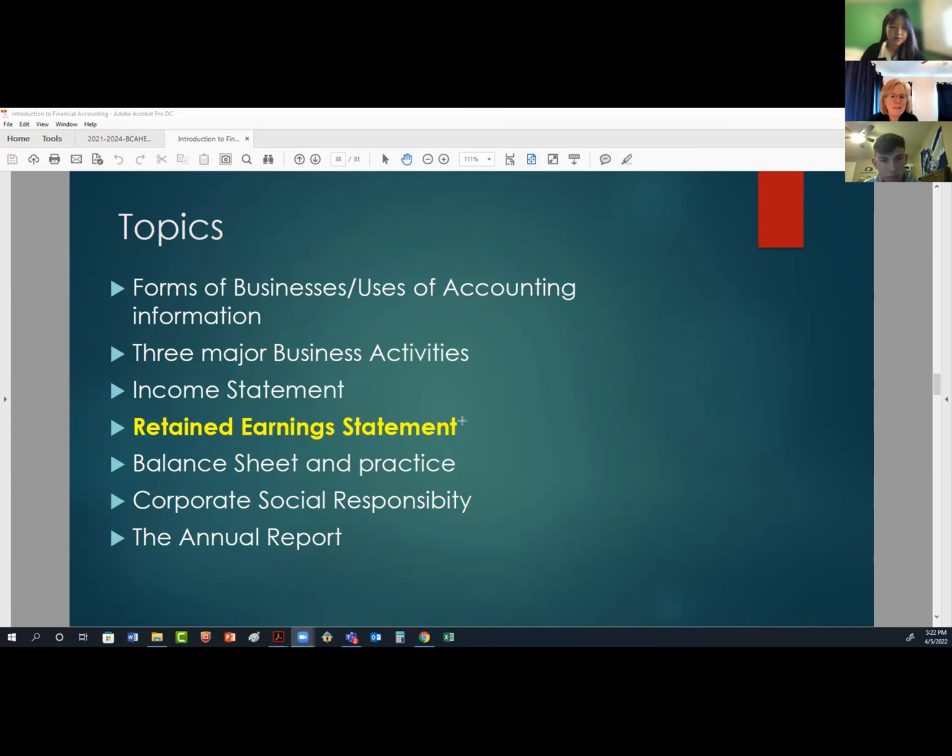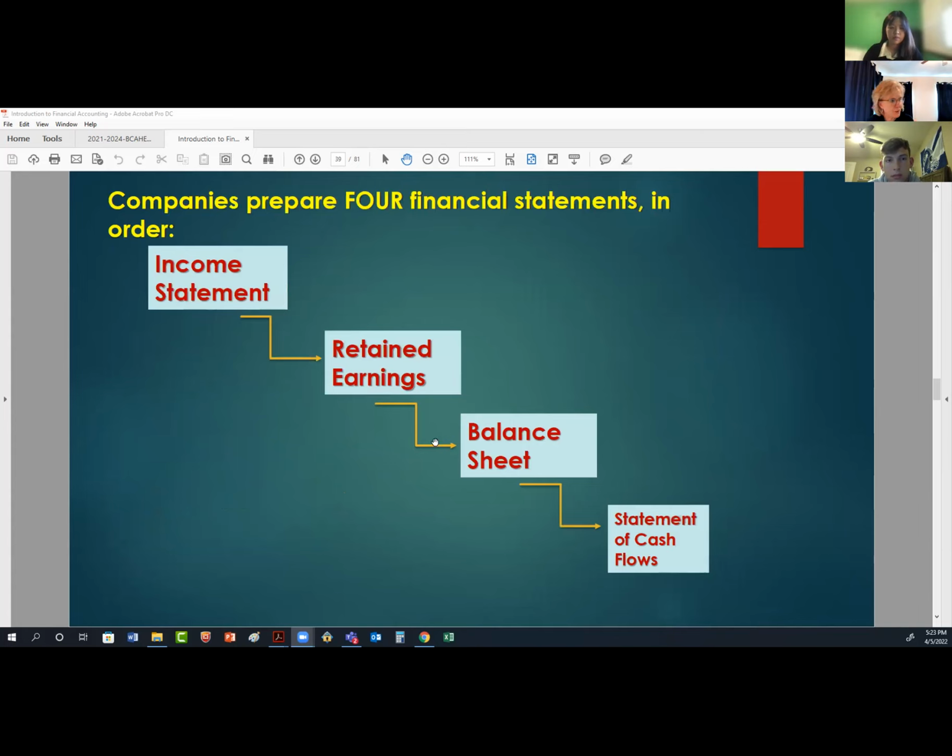All right, we have 2 more statements that are not as easy as the income statement. One is retained earnings. And if you have the income statement and you have something called the balance sheet, the retained earnings is like the bridge between the 2 statements. You have to do it in this order.